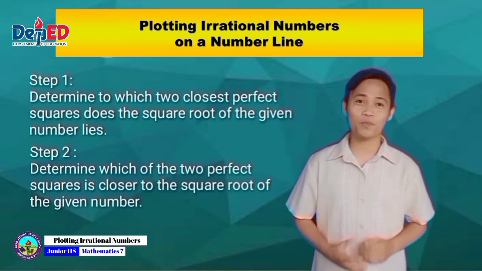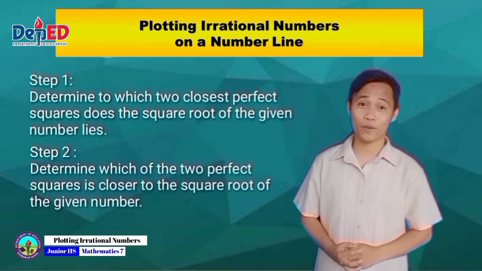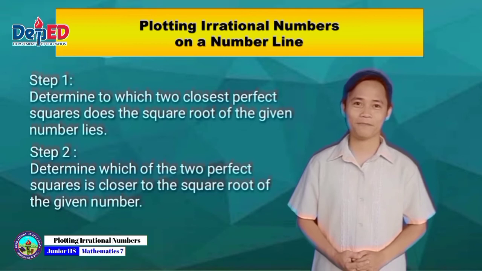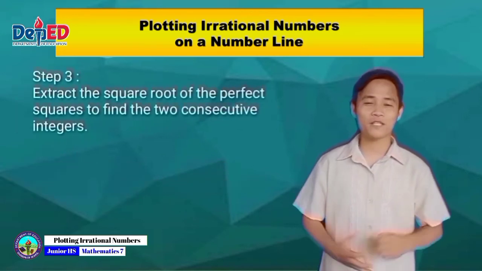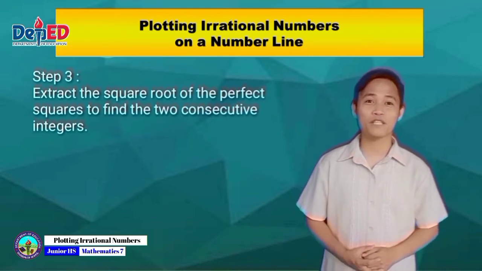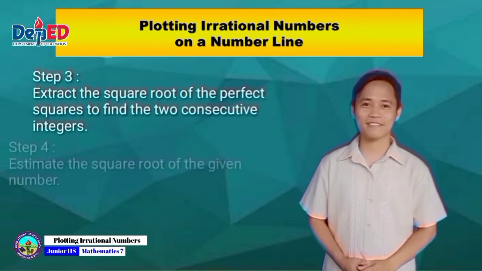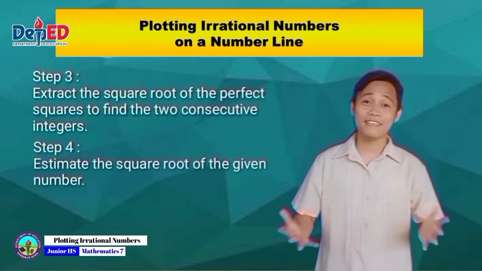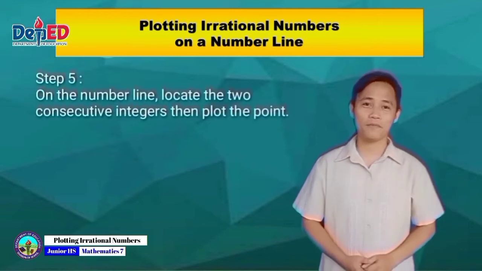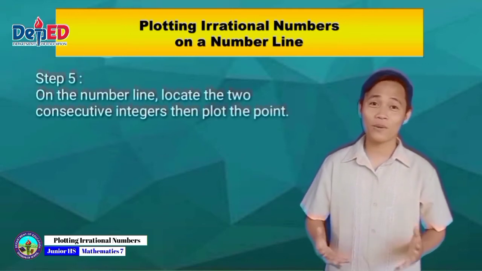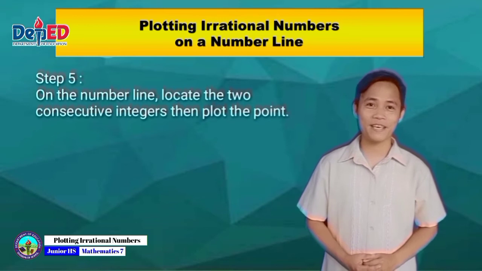Determine which of the two perfect squares is closer to the square root of the given number. Step 3. Extract the square roots of the two closest perfect squares to find the two consecutive integers. Step 4. Estimate the square root of the given number. And step 5. On the number line, locate the two consecutive integers, then plot the point.